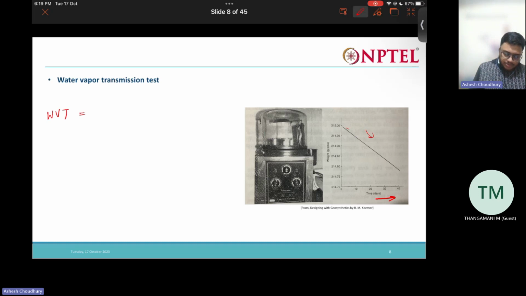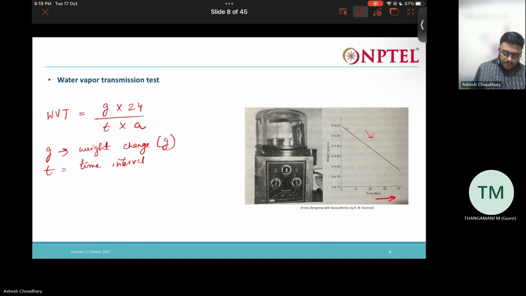Water vapor transmission is given by G into 24 by T into A. G is the weight change, T is the time interval in hours, A is the area of the specimen in meter square. So the unit is generally gram per meter square per day.